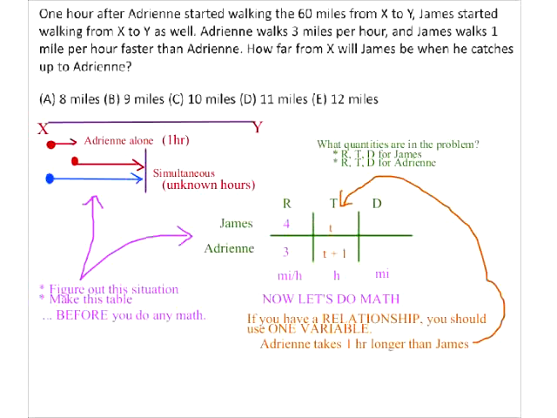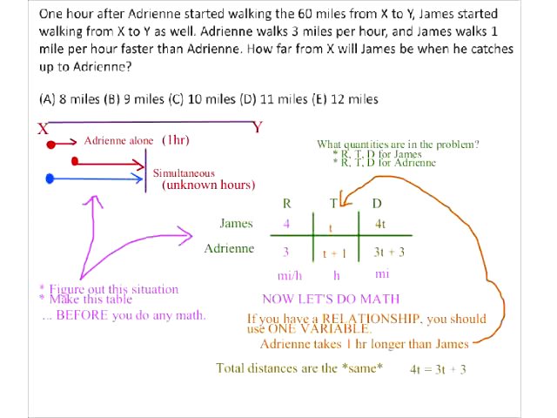Then the point of an RTD table is that you can fill it in. So 4 times t is 4t. 3 times t plus 1 is 3t plus 3. The total distances are the same, so you can write 4t equals 3t plus 3.